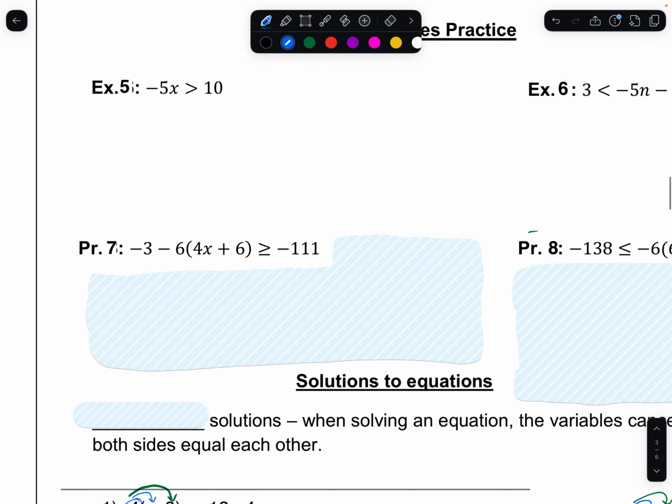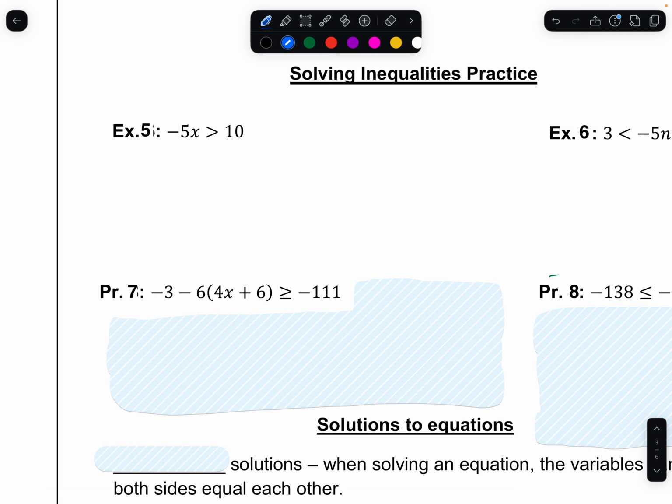Here's example 5. First, remember in our last video, what's happening to the variable? Negative 5x means negative 5 times x. I'm multiplying x by a negative 5. So if this were an equal sign, I would divide both sides by negative 5. But remember our rule on the last page, I'm dividing both sides by a negative number.